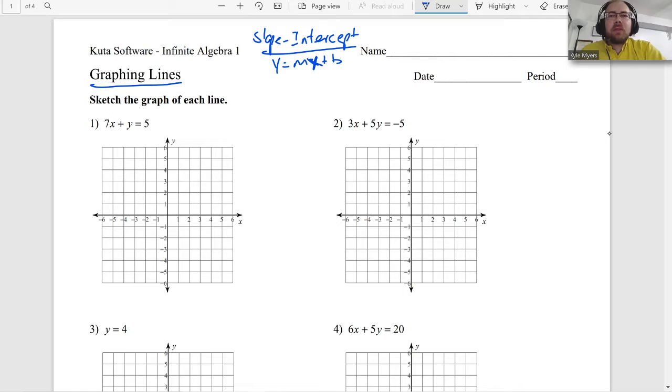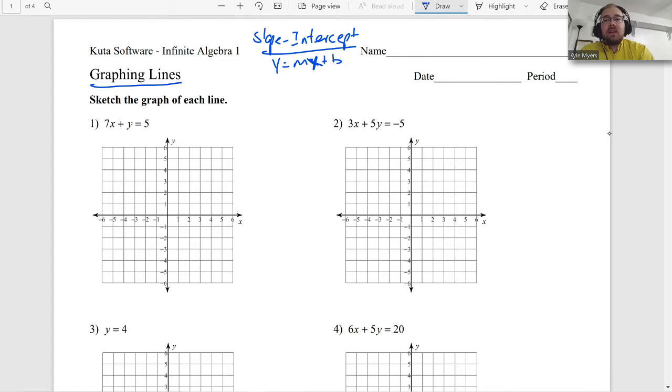And when it's in that form, it's really helpful because the m is the slope and the b is the y-intercept. So you just graph the y-intercept, and then you use the slope to graph another point, and then you connect the dots, and now you have a line.